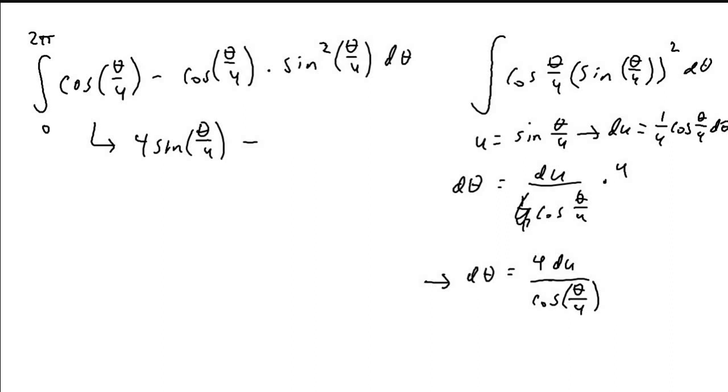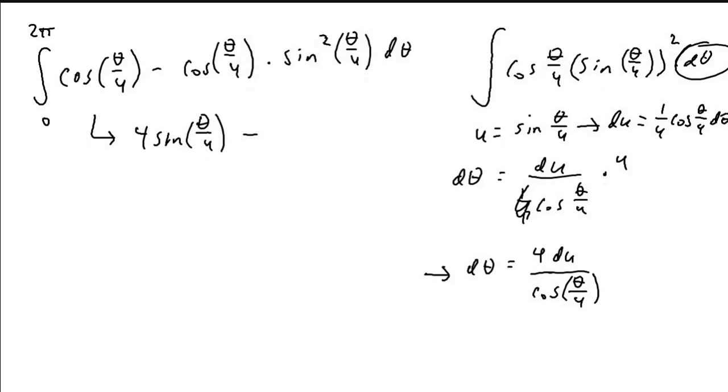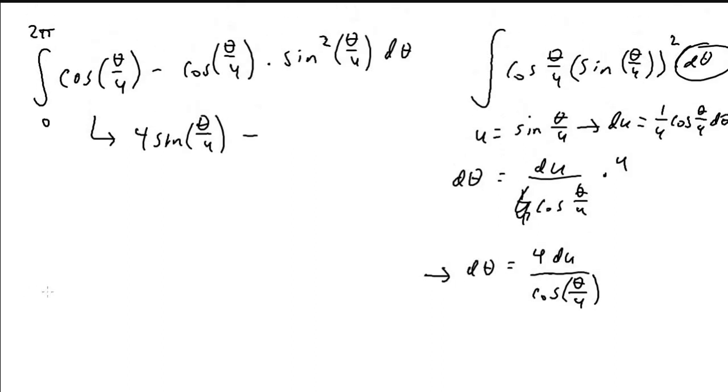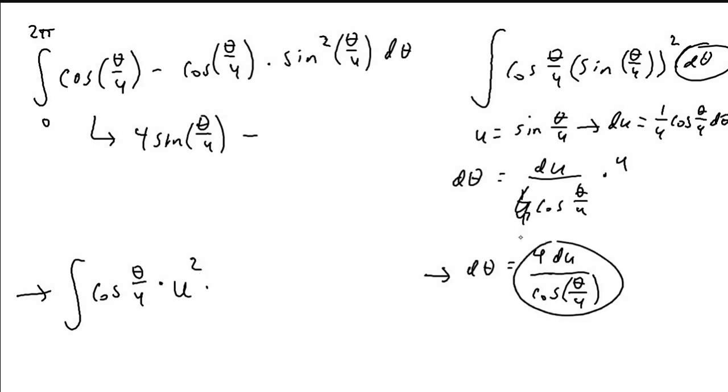So if I were to use u substitution and substitute d theta back into the original integral and substitute sine of theta over 4 with u, then I'll get the integral of cosine of theta over 4 times u squared, since sine of theta over 4 is our u, times d theta, which once again is 4 du over cosine of theta over 4.